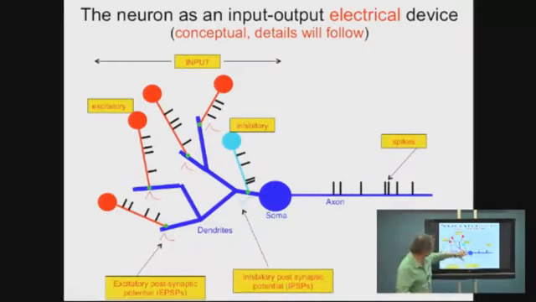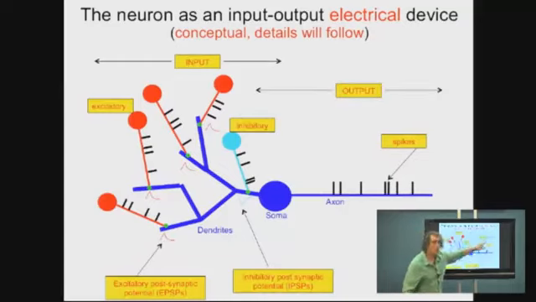But he realized that the dendritic tree is the receptive part of the cell, and that the axonal tree is the output part of the cell. So this is a very general, modern view, summarizing concepts from Cajal, but now with more details, because I'm telling you to summarize that the cell is an input-output device.